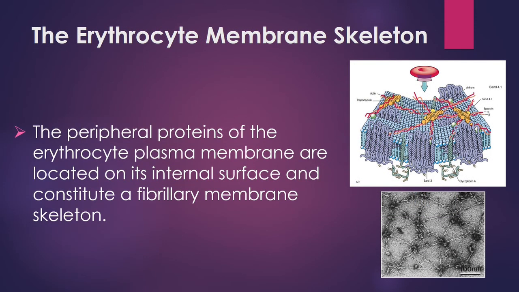The peripheral proteins of the erythrocyte plasma membrane are located on its internal surface and constitute a fibrillar membrane skeleton, as seen in the figure. It plays a major role in determining the biconcave shape of the erythrocyte and restraining the movement of the membrane's integral proteins.